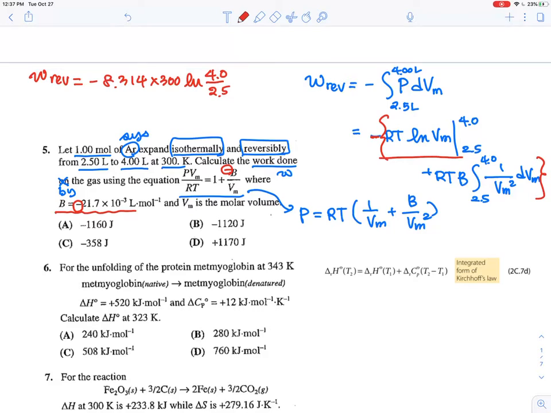And this one itself is essentially what you know as the work reversible for an ideal gas. So let's calculate the first term, and the second term later.